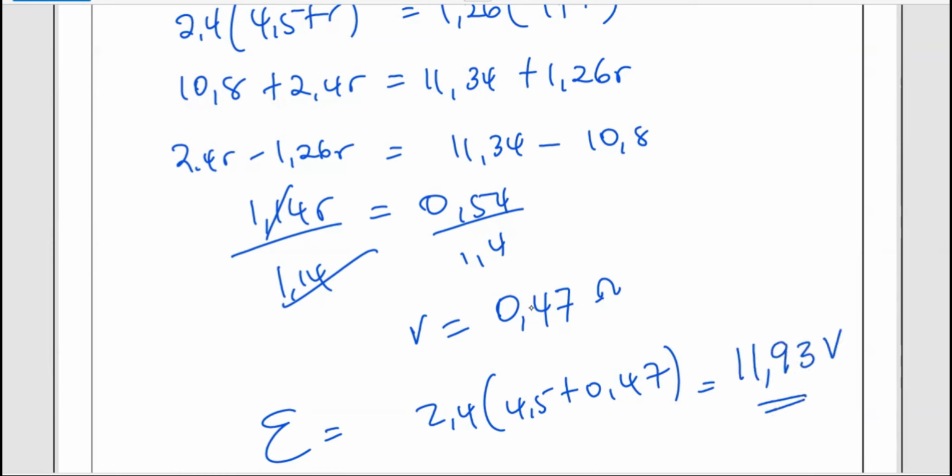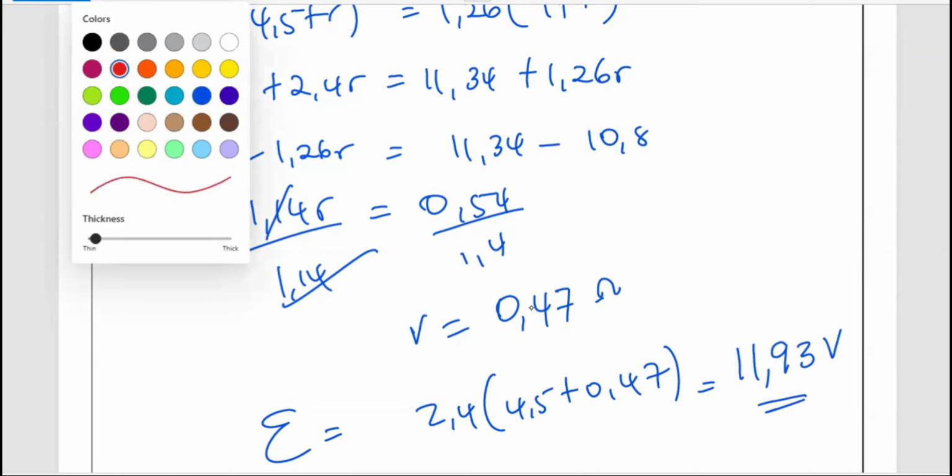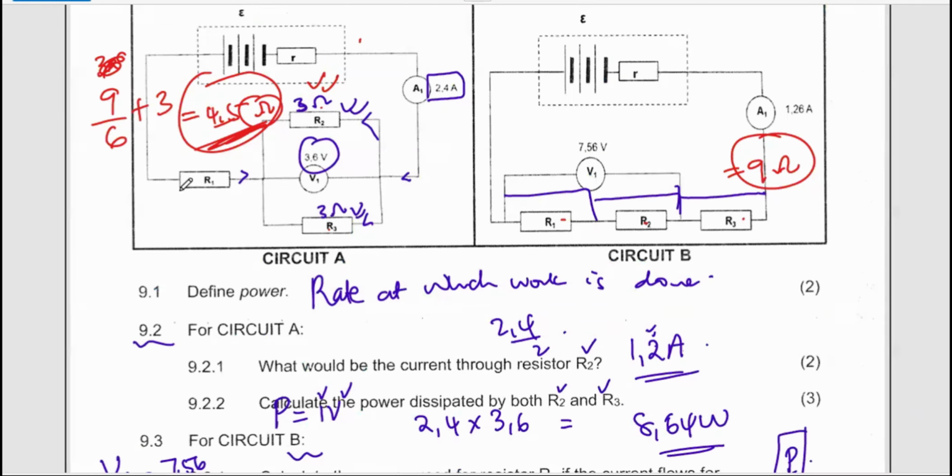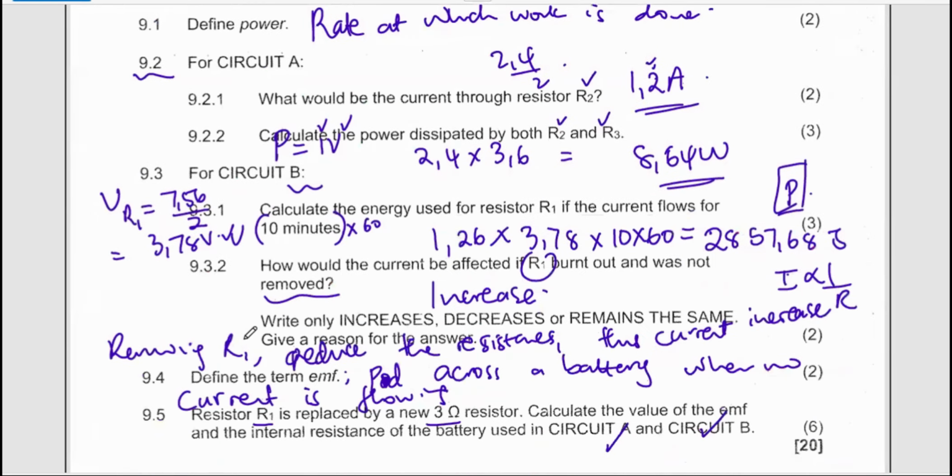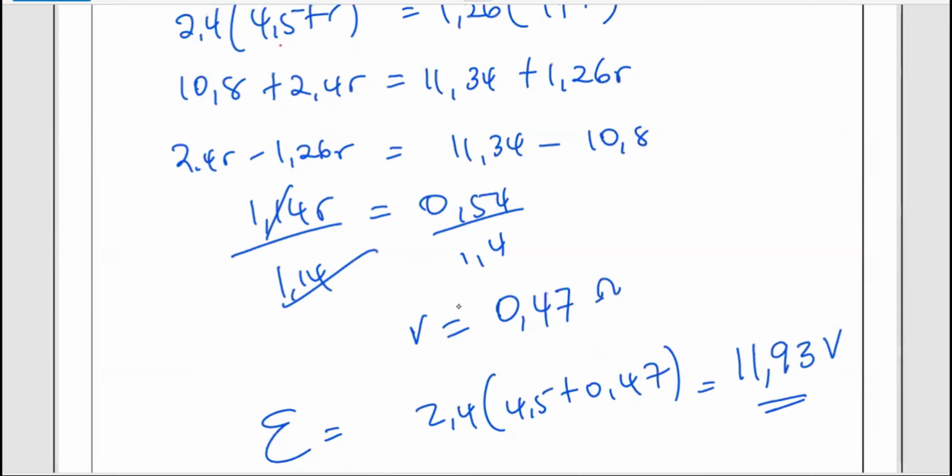If we had rounded off, did they tell us about rounding off? Internal resistance, no, they never told us. So if we were to round off these to approximately 0.5 ohms, then we were meant to get something like 12 volts for the EMF, which is pretty reasonable.